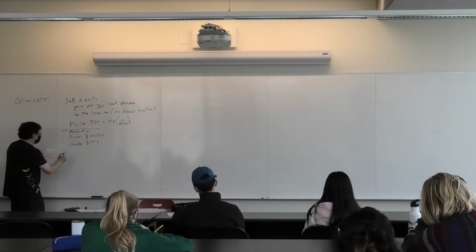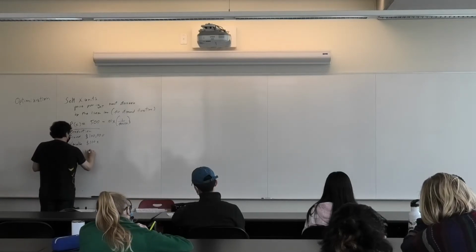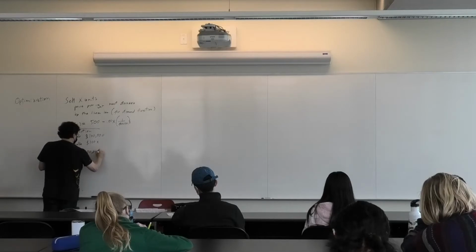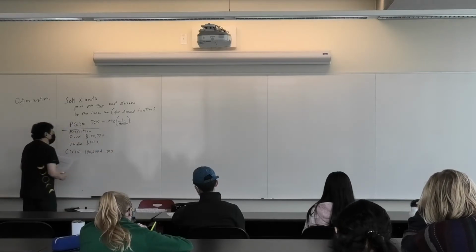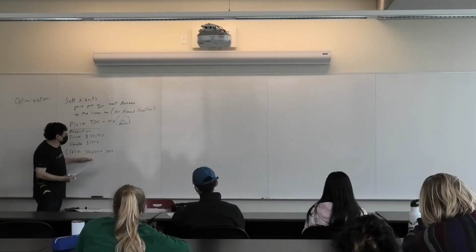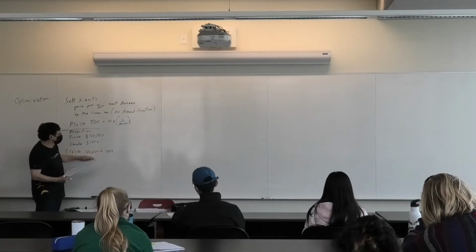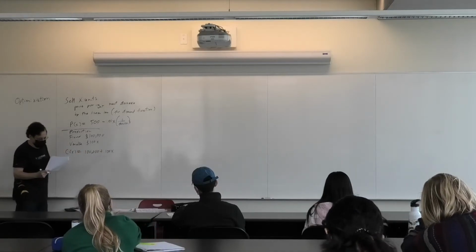That is, the cost function is $100,000 plus 100x. So eventually, once we've amortized our startup costs, it's costing us $100 to produce one of these things.